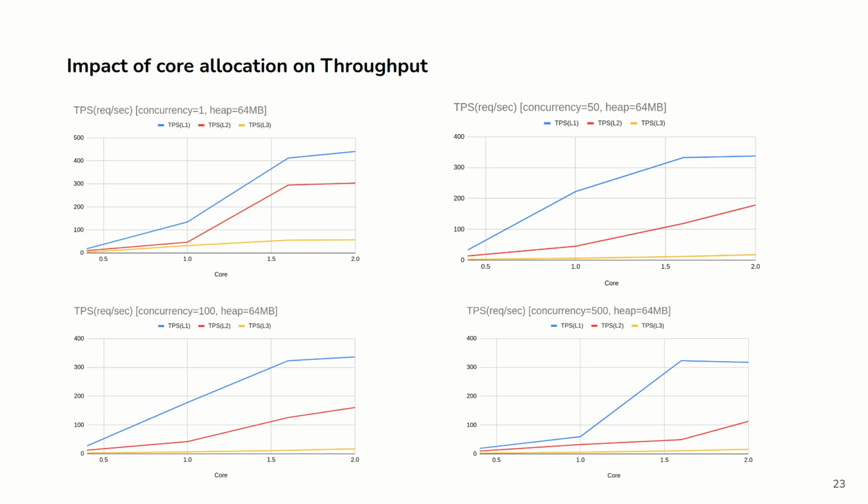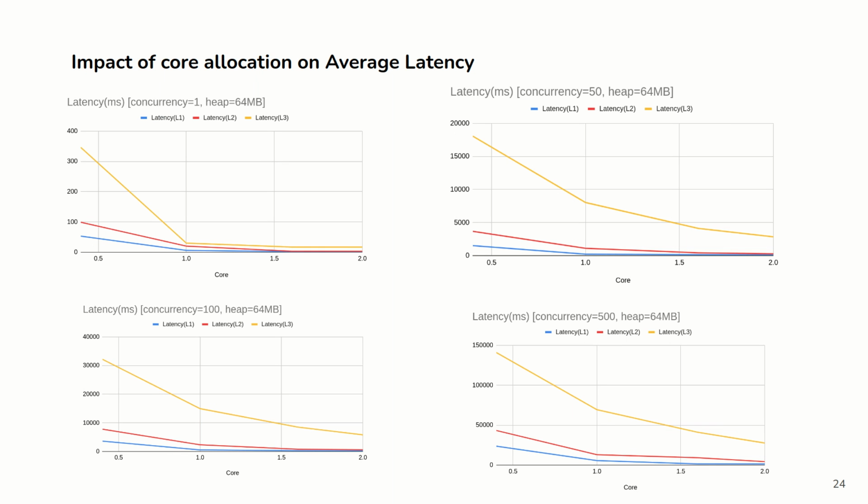Here throughput increases with the core allocation for any combination of concurrency and heap size, and the latency decreases for any combination of concurrency and heap allocation with core allocation.